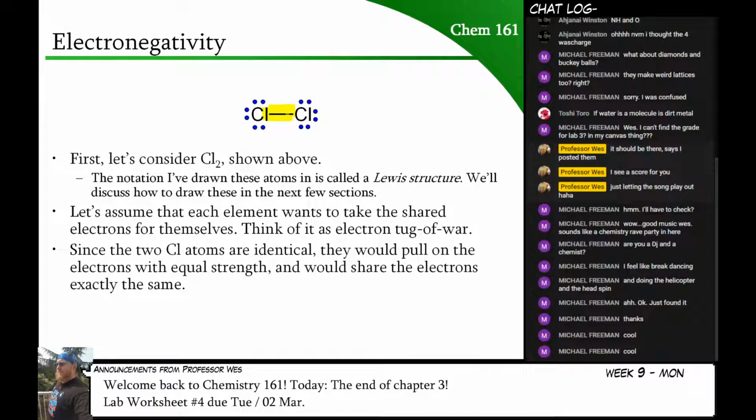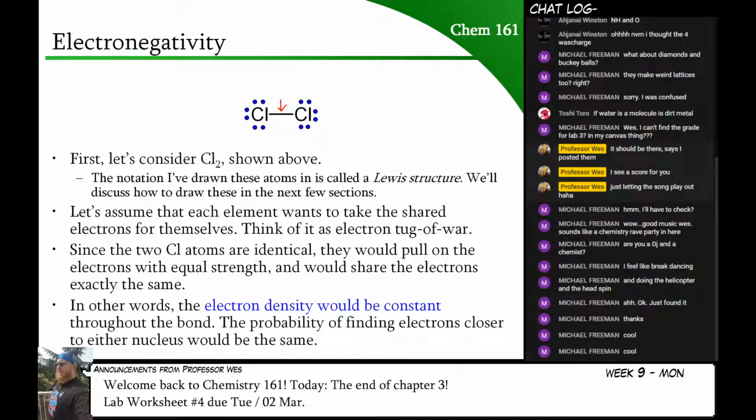Well, since they're both chlorine and they both have exactly the same properties because they're both the same atom, the electrons would be shared equally. So if I had to put an arrow to say where the electrons would be most of the time, I would say, oh, right in the middle, roughly 50-50. Another way to say that would be that the electron density is constant. Now, what does that mean?